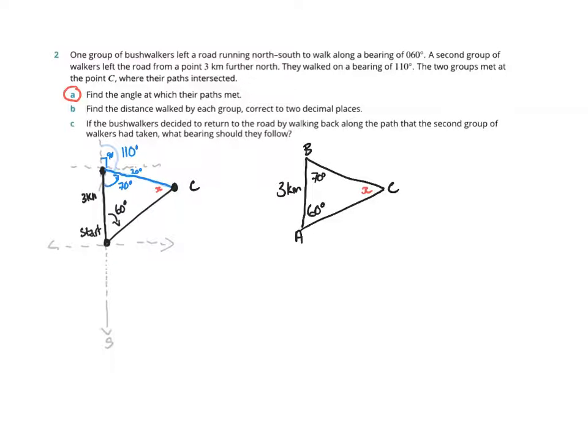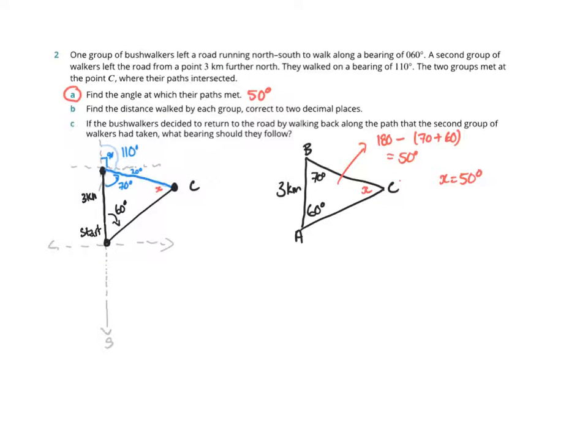All the angles of a triangle have to add up to 180. So 180 minus 70 plus 60 equals 50 degrees. So x must equal 50 degrees.